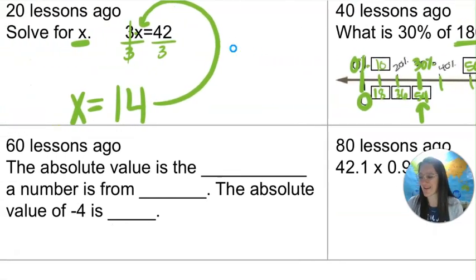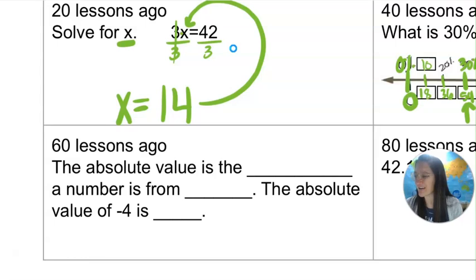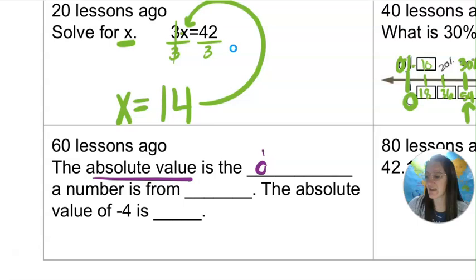You remember that? Oh, absolute value. All right, absolute value. Do you remember anything about absolute value? It's been 60 lessons ago. So if you're like, what? It's because it's been so long ago and we haven't looked at it for a while. The absolute value is the distance a number is from 0.